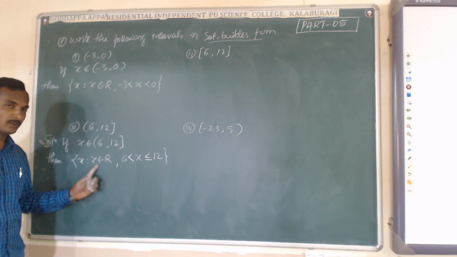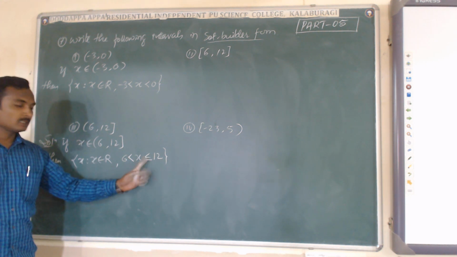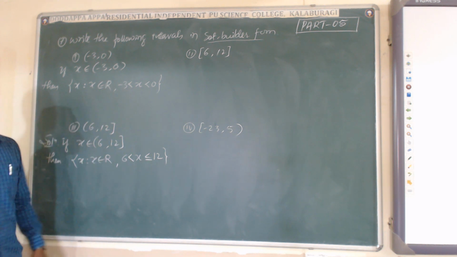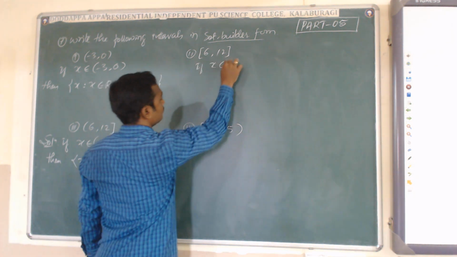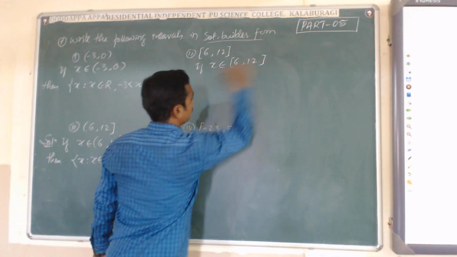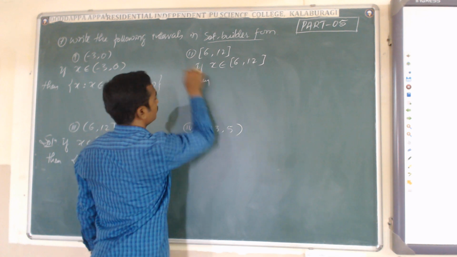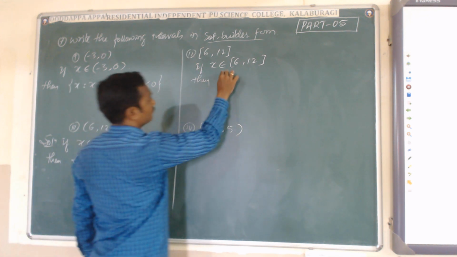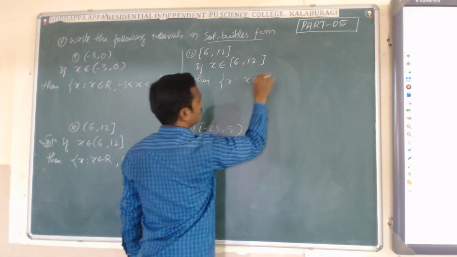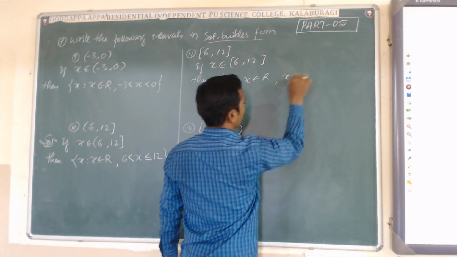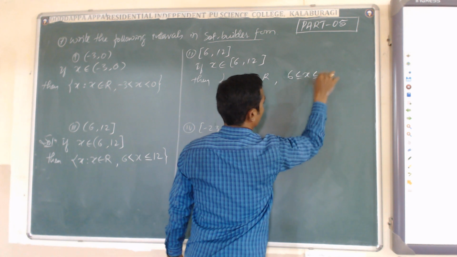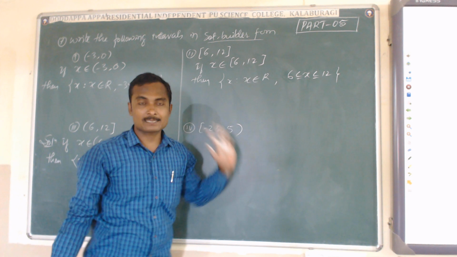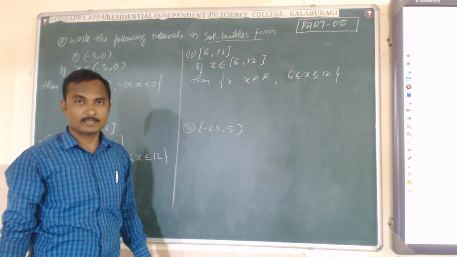So x belongs to R such that 6 is less than x is less than or equal to 12. Now similarly we have to write down the third and fourth. The third one is, as both are closed intervals, the slack inequality will come.